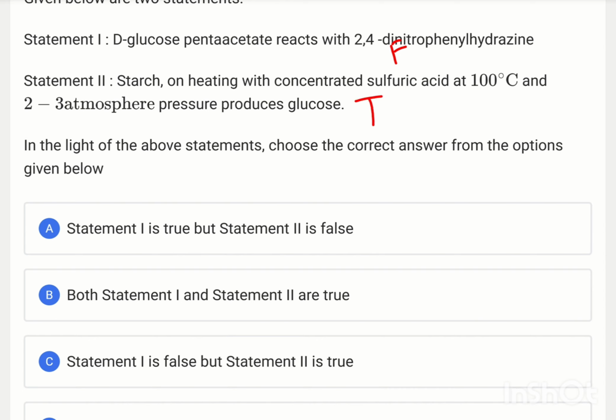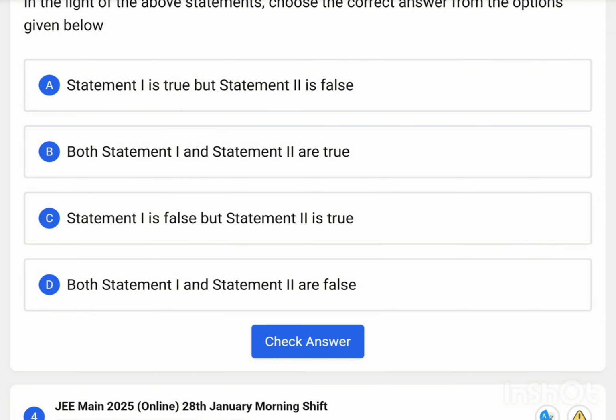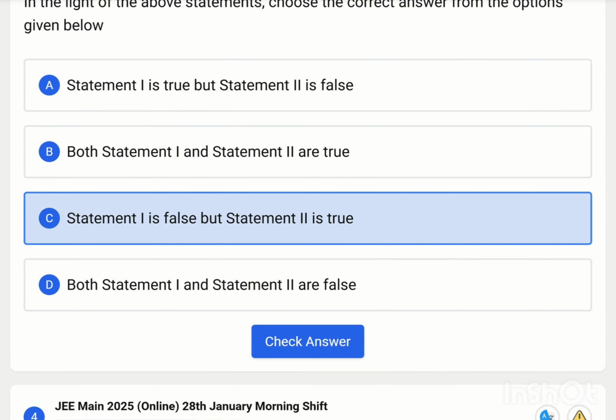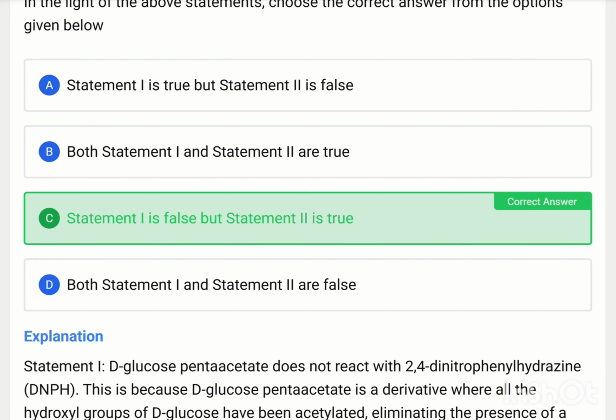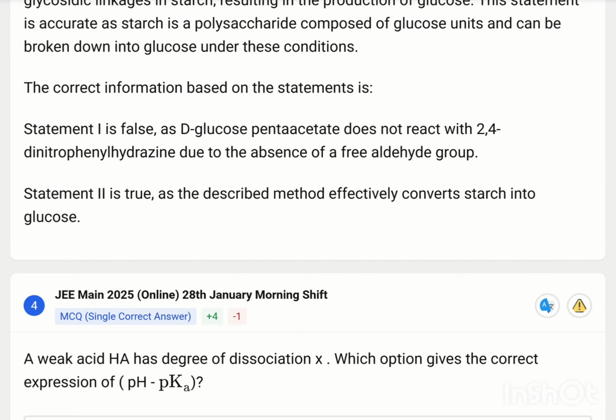It is a true statement. So the first one is false, the second one is true. Statement 1 is false and statement 2 is true. Yes, we got this answer again, right? So these are the tricks or concepts, a mixture of both things, that we can utilize to solve the questions.